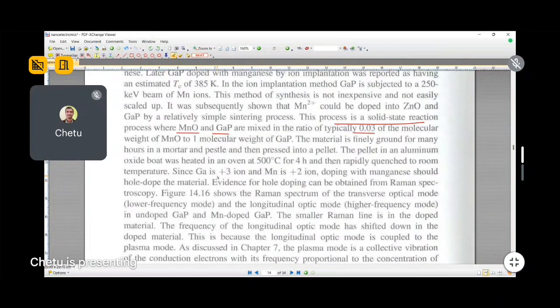Now gallium is a +3 ion and Mn is a +2 ion. Doping with manganese will create a hole-doped material. So this is the solid state method of designing the DMS, the dilute magnetic semiconductor.